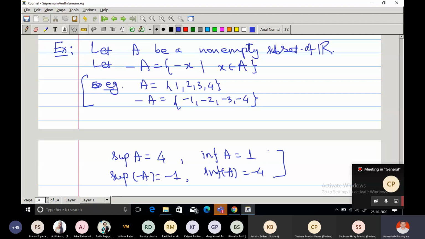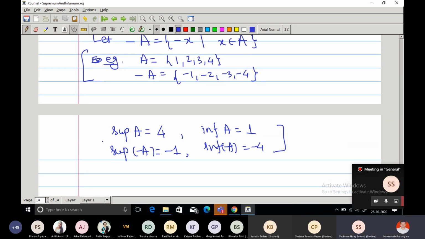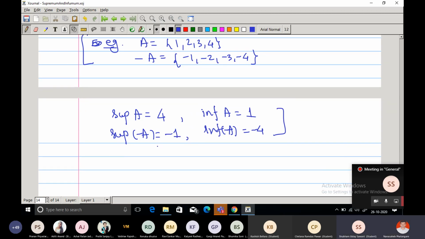Can we make some general statement from this, irrespective of this simple set? No, we can't make any general statement, because if we take A equal to -1, -2, -3, and -4, then minus A would be 1, 2, 3, 4, and the relation would be exactly opposite to what we observe here. But you can observe something here.